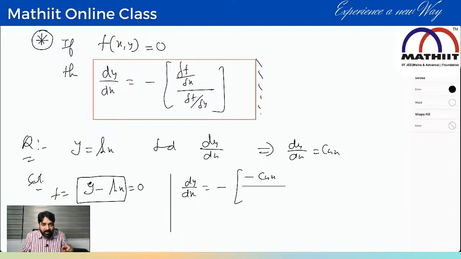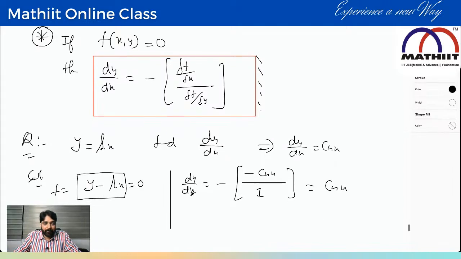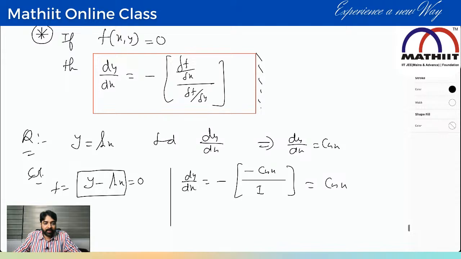Differentiation of y will be 1 because you are differentiating with respect to y. Minus differentiation of sin x with respect to y will become 0. So that will be 1 only. So the value will be cos x. Have you understood the point? Is this clear to everybody?